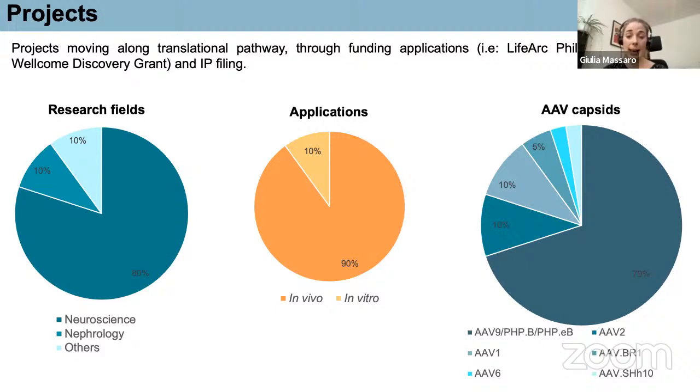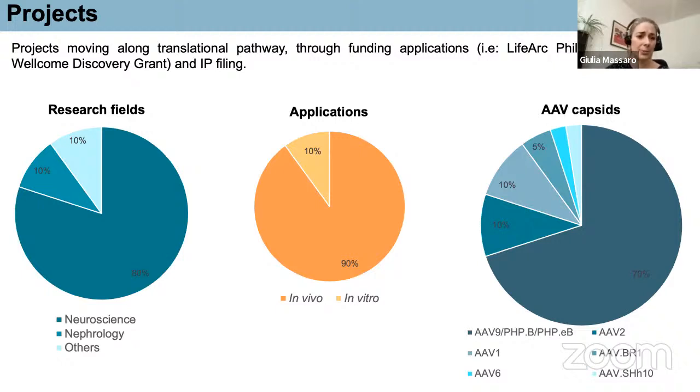Many colleagues were successful in applications, for example the LifeArc Philanthropic Fund and the Wellcome Discovery Grant. Some people are filing IP on the plasmid and the vector that we designed and produced together. So it's very good news for us.